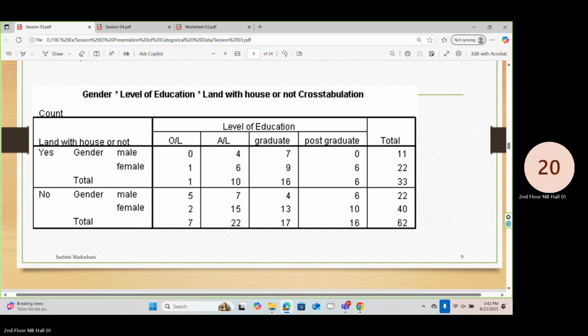One second. How many data are there? 30 numbers are there.